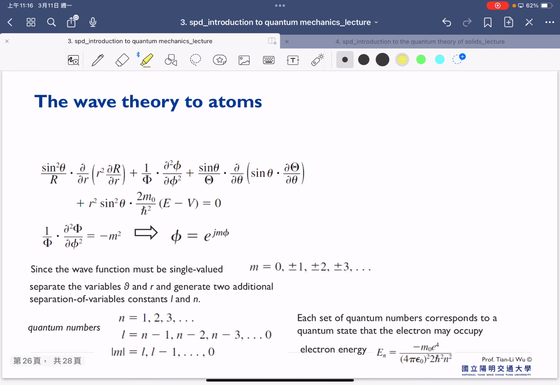Here, we won't go into the detail again, because the general concept for the derivation is the same. But here we just want to note that now the quantum numbers are shown here. Each set of quantum numbers corresponds to a quantum state that an electron might occupy, and therefore again your electron energy is quantized. It's not continuous, it's actually in discrete values here.